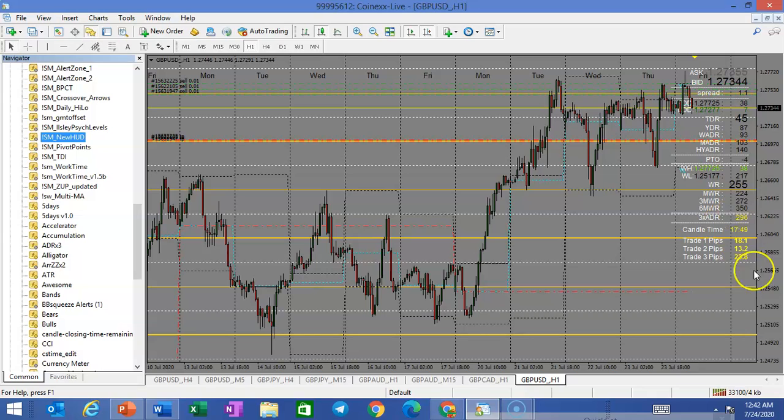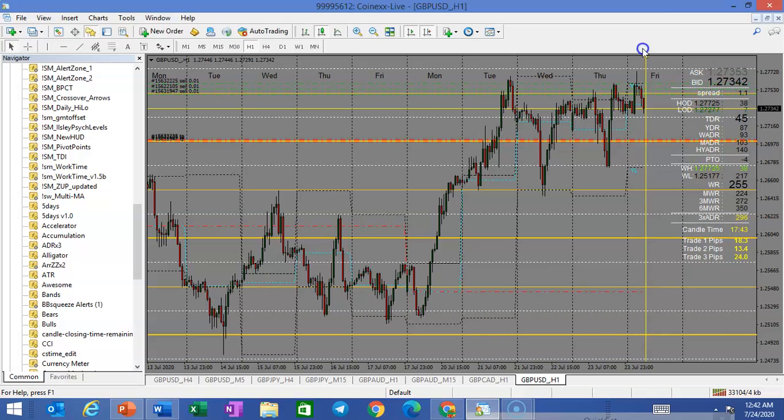That helps us see where we are in terms of pips and also candle time. And that's it for now.